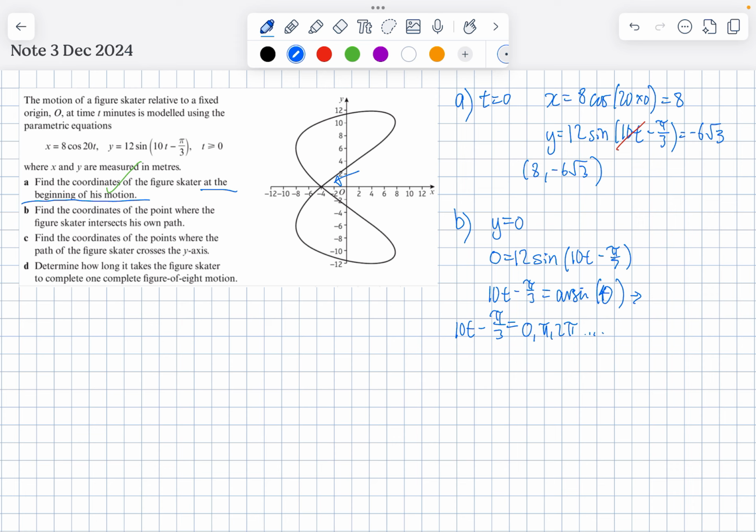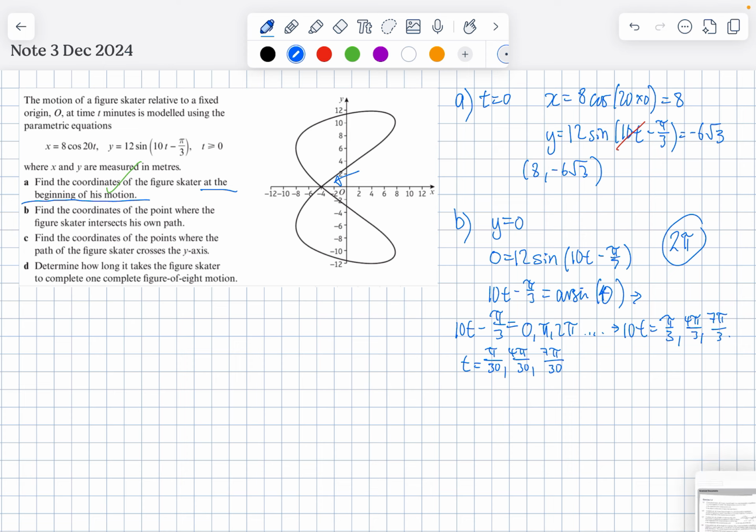Okay, so then we can add our pi over 3, so therefore 10t equals pi over 3, 4 pi over 3, 7 pi over 3. And then of course we can work out that t equals pi over 30, 4 pi over 30, 7 pi over 30. And remember, we're limited to 2 pi because 2 pi would be one complete revolution.